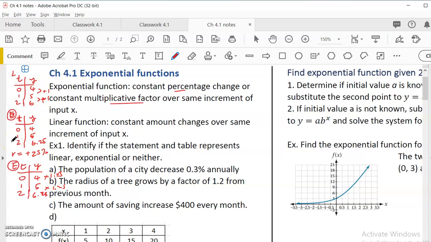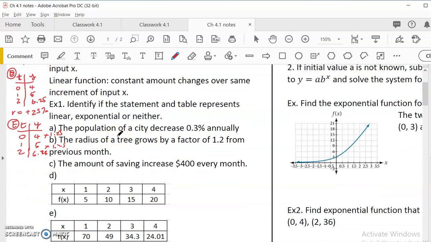Okay, so look at this example. I have three statements and three tables, and we have to identify if they are linear, exponential, or neither. A, the population of a city decreased 0.3%. This is a constant percent, and decrease and increase are both exponential, so long as the change is a constant percentage.